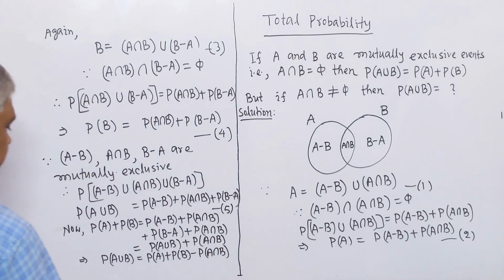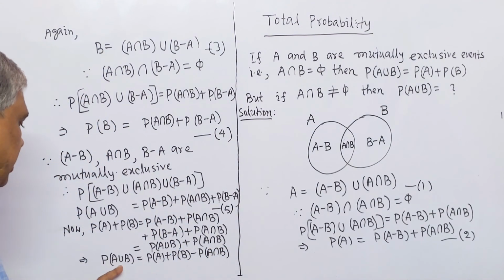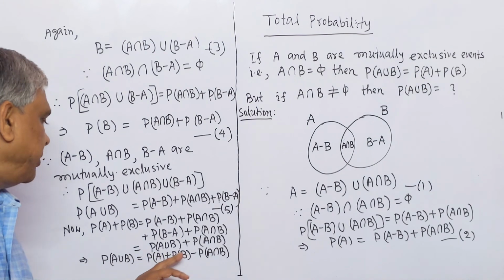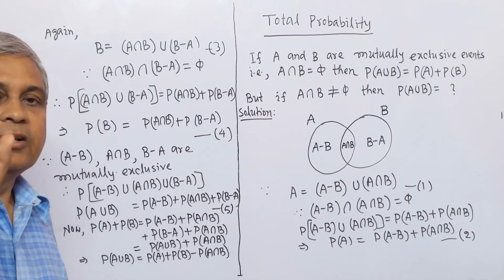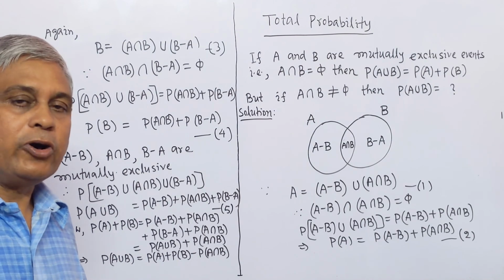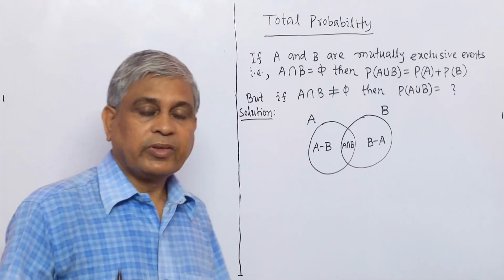This is the required result. P(A union B) equal to P(A) plus P(B) minus P(A intersect B). This is called the formula for total probability.